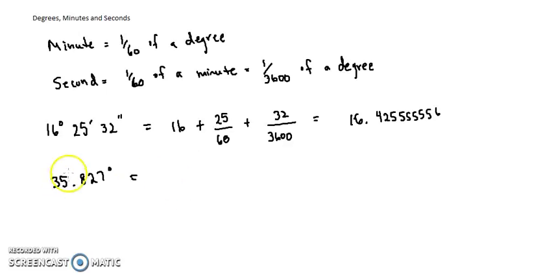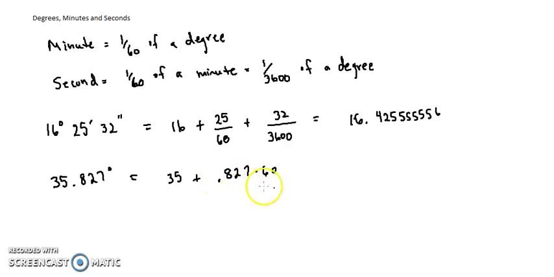Okay, so the first thing that we're going to do, again, we're going to break off the whole part because we don't need to do anything with that. And then this 827 part, we're going to change that into minutes first. So we're going to do 35 plus, now up here when we were converting, we divided. This one's going to be the opposite. We're going to multiply. So 0.827 times 60.